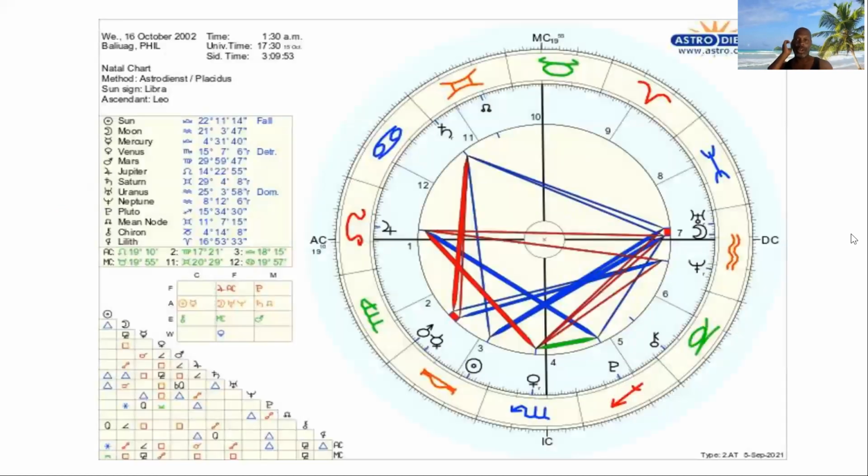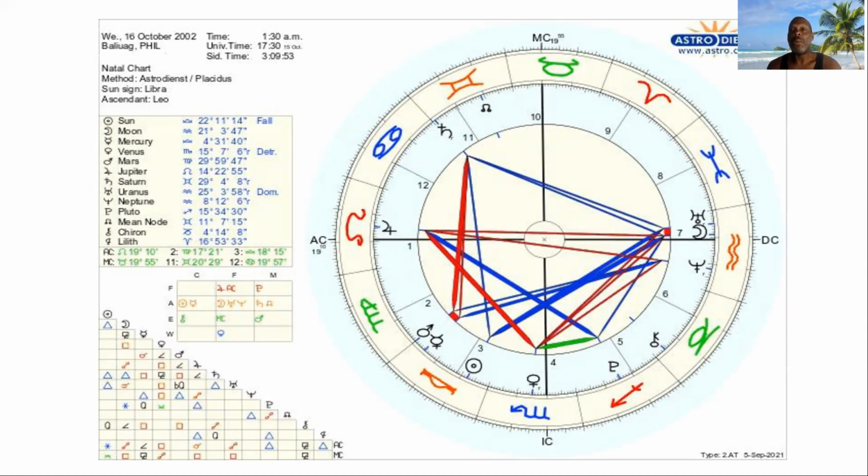Now, I want to look at a chart that I think gives us a very interesting example of this, especially because of the context of the question that was posed. This person posted their chart onto Reddit and asked, does my chart reflect my physical deformities?